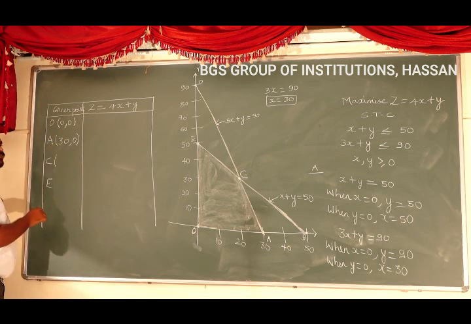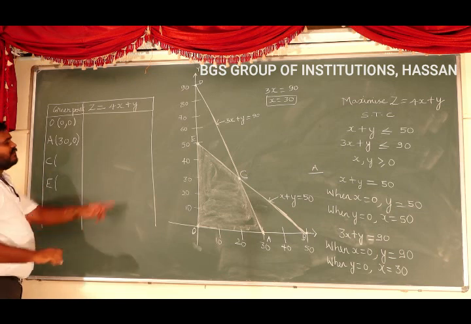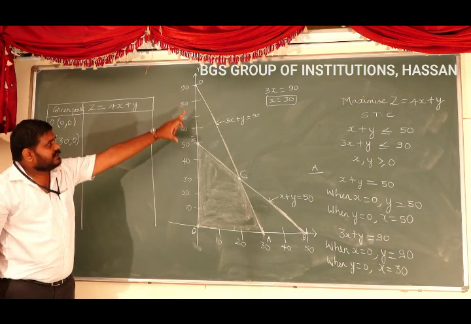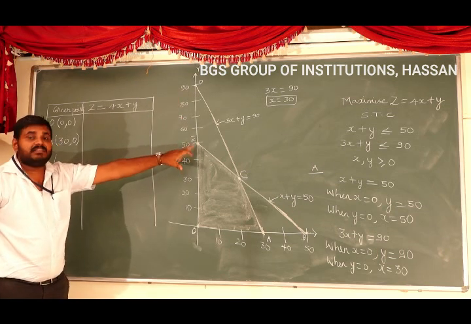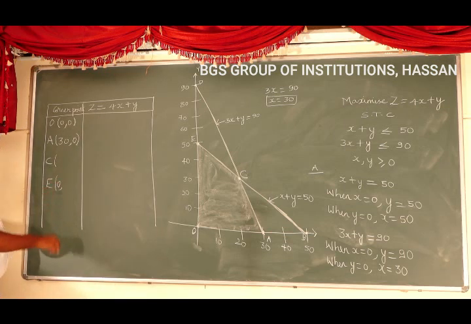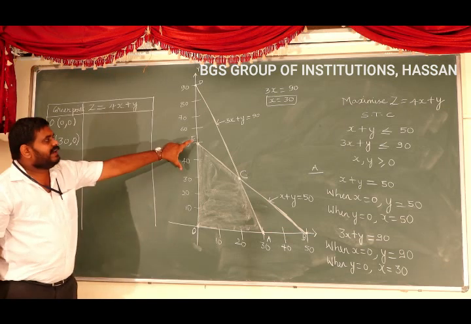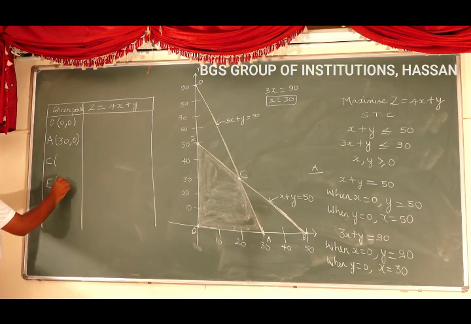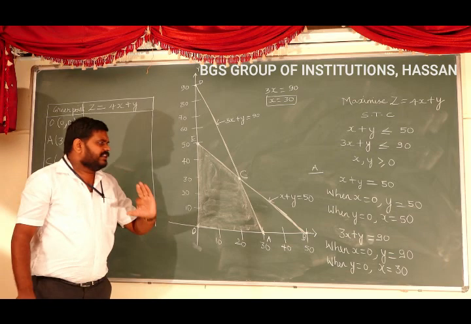Now I need to calculate for C as well as E. If I calculate for E first, since the point is on the y-axis, for any point on the y-axis the x coordinate will be 0 and the y value is nothing but 50. So 0, 50 will be the coordinates of E. Now, what are the coordinates of C?